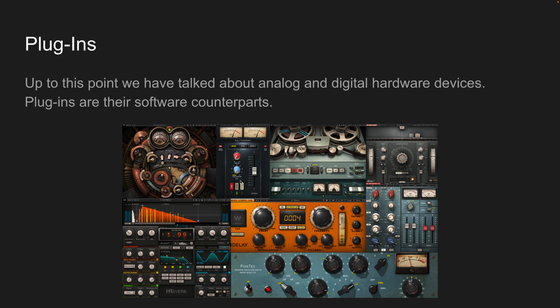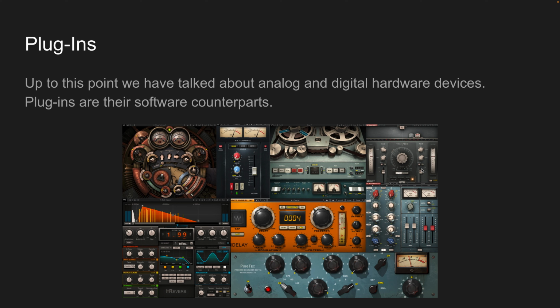But you see, this would be more like an SSL style channel strip here. So let's see the ones that are based off of hardware units. This one is tape saturation, and that one is based off a hardware unit. This is going to be like a Neve style channel strip, preamp and everything. So that's off of a hardware unit.